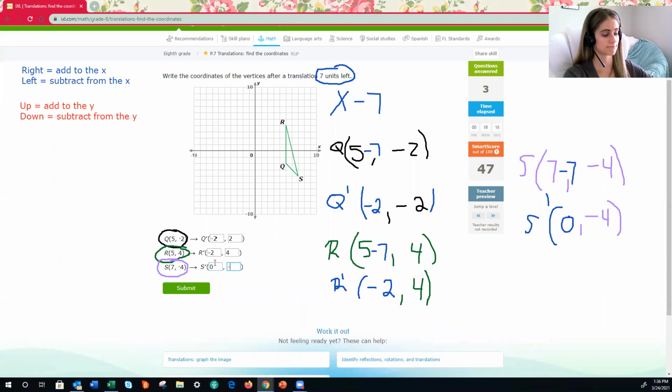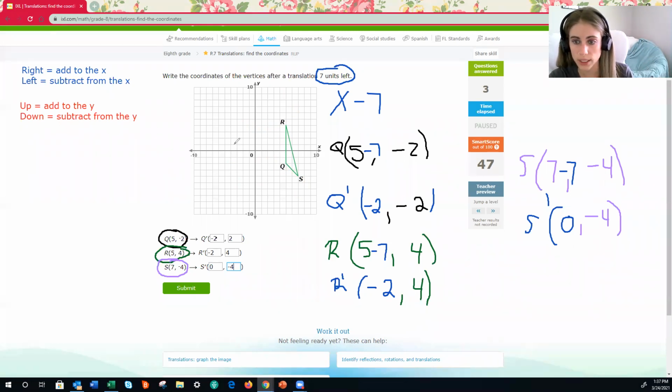And that is it. If you wanted to double check your answers, you could use the graph. So start at R and count left 7. If you do that, you would end up at -2, 4. Oh, wait, Q, yeah. But if you move every single point left 7 spaces, it's going to shift the whole thing and it'll be translated. So let's go ahead and actually draw that real quick.